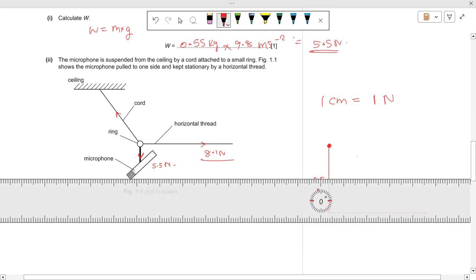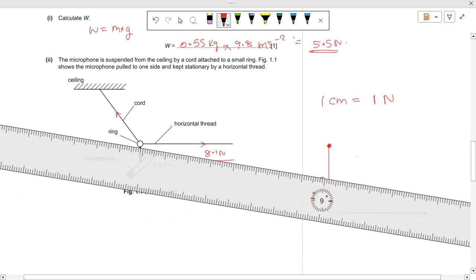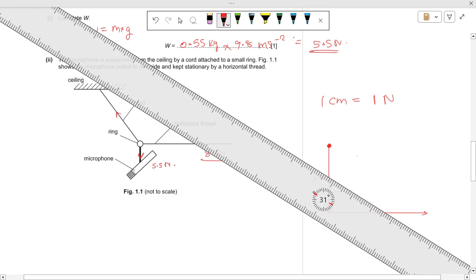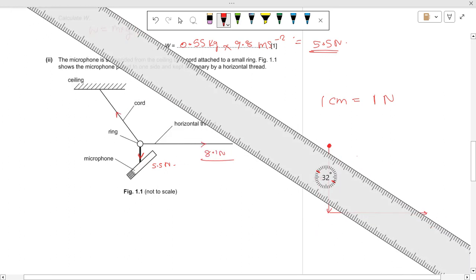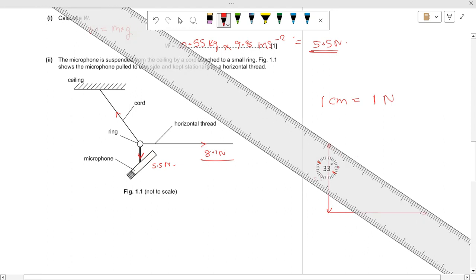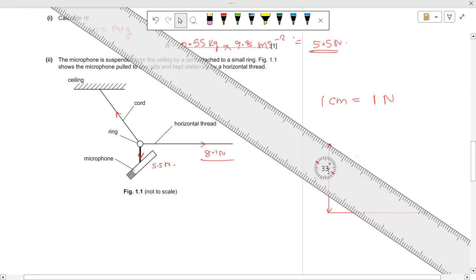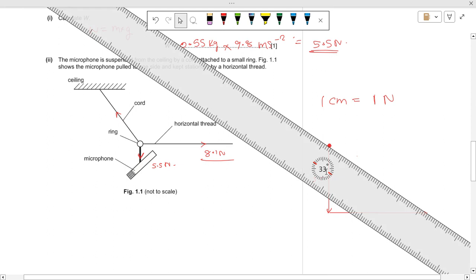Then the resultant force is given by this line.